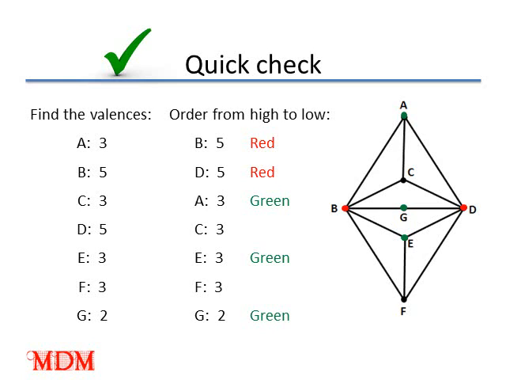Starting up at the next uncolored vertex, that's C, we have to color it a different color, which is blue, and notice that the only uncolored vertex at this point is F. F is not directly connected to C, and therefore it can have the same color.